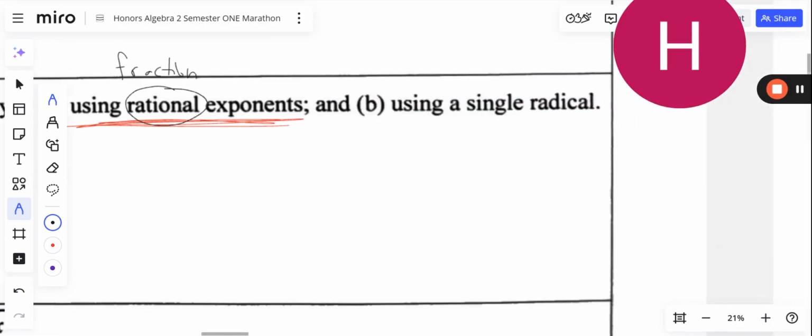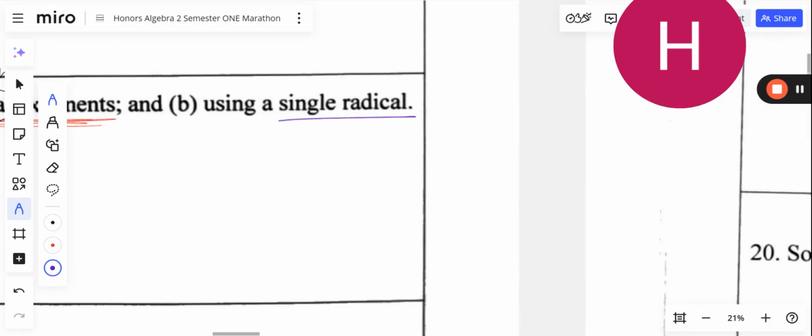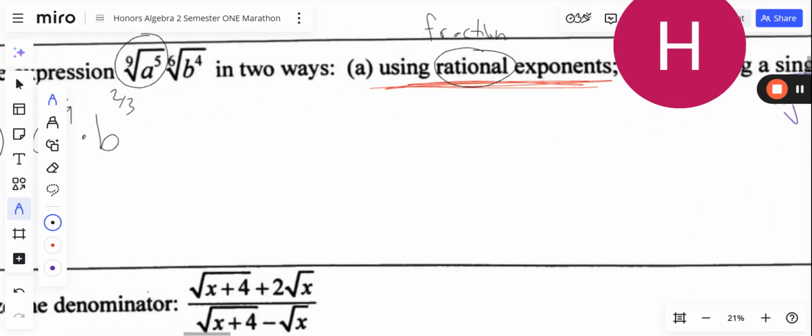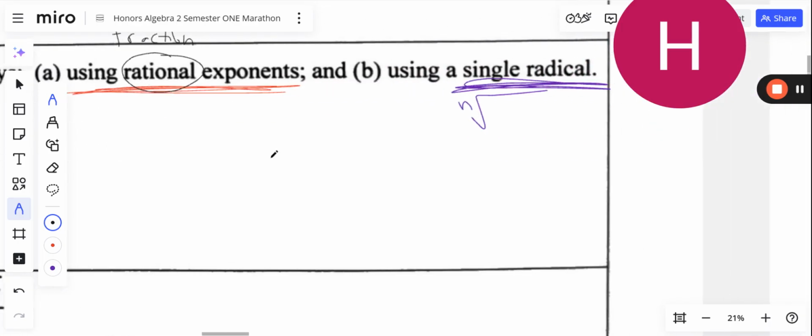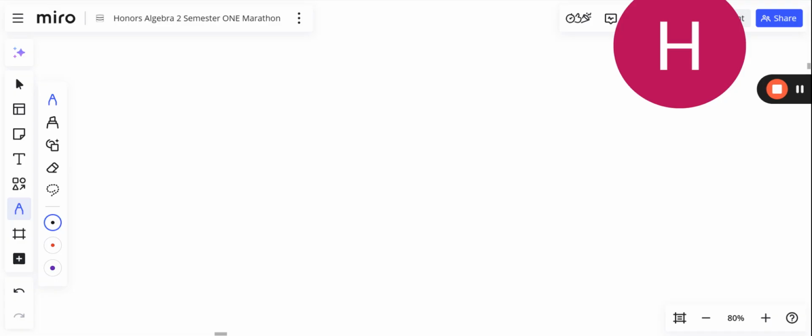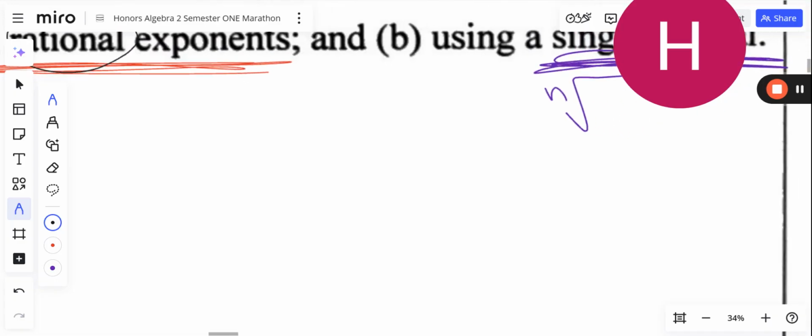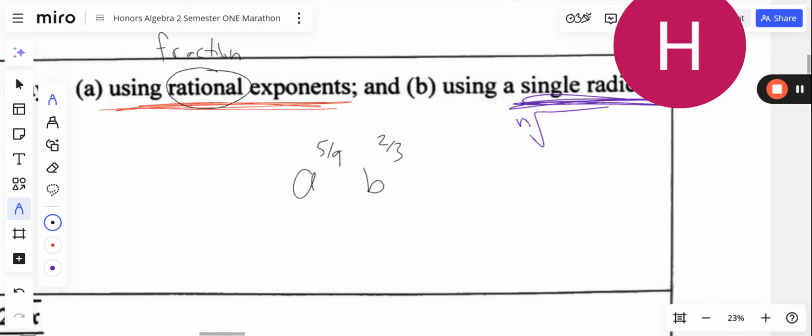But part B wants us to use a single radical. And so that's going to require the same power on the radical. It's going to require some n that's the same. So how could we possibly express these the same? Because we have a to the 5/9, which has a denominator of 9, and then we have b to the 2/3, which is denominator 3.